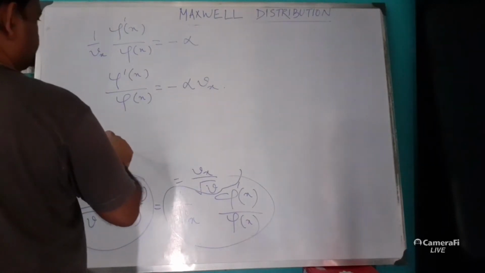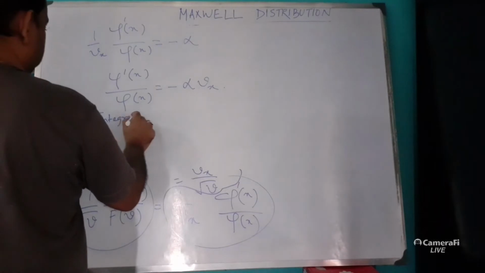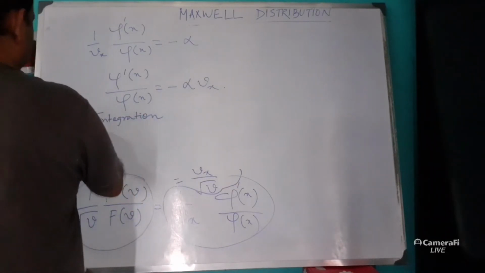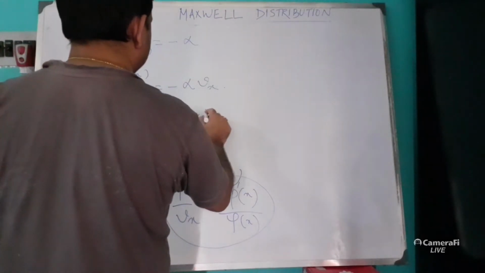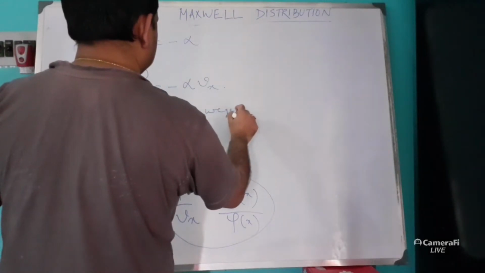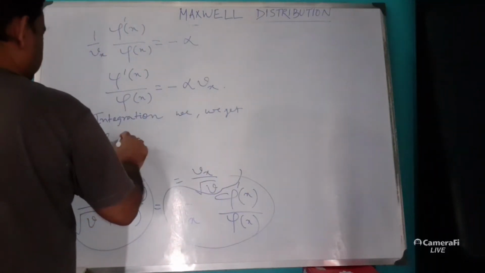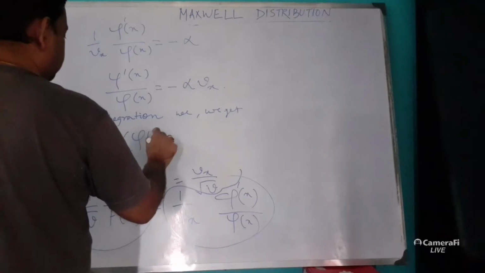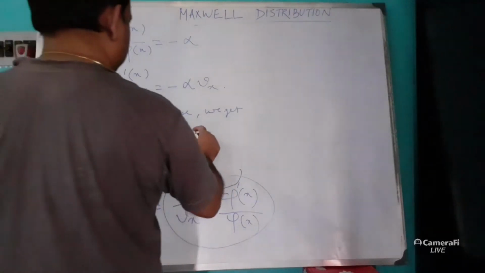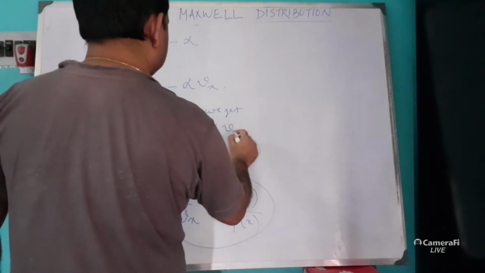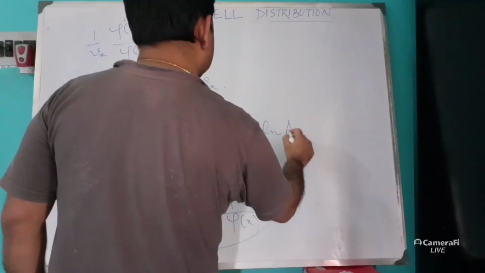So on integration we get ln phi(x) is equal to minus alpha x square by 2 plus ln of some constant a.